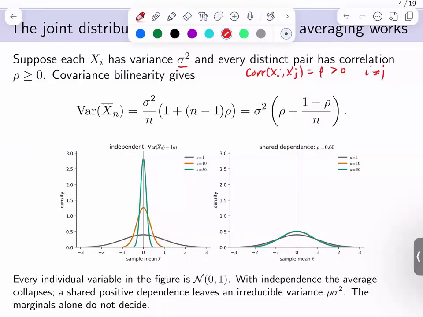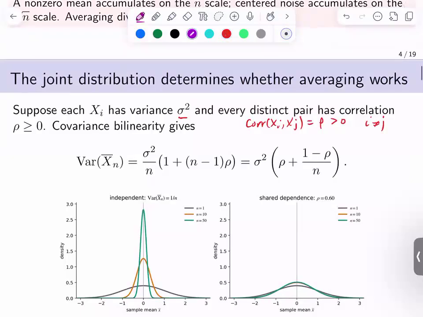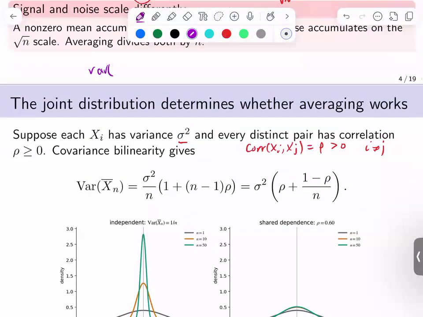Then if I write down the variance of x bar n, I get, you get the summation... sorry, this is not correct. I get the variance of the summation of xi, i from 1 to n.